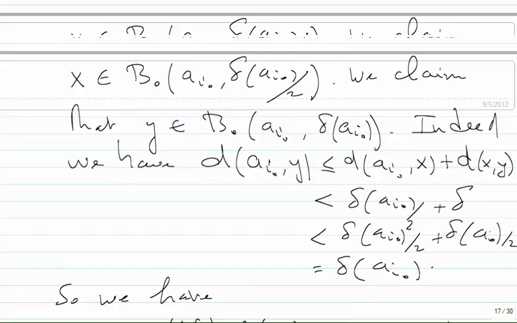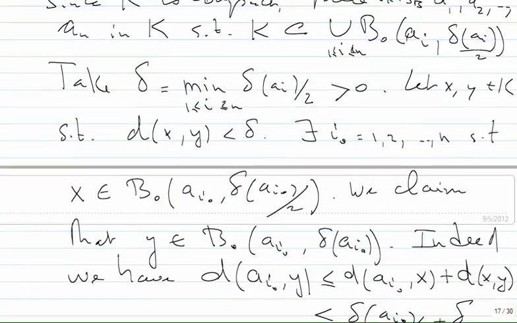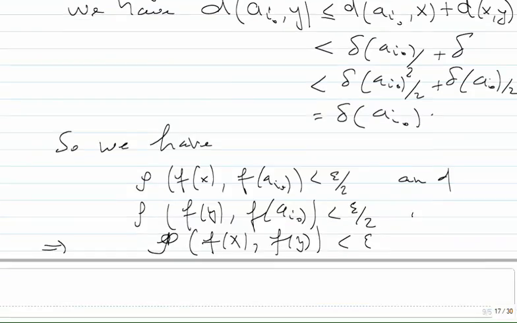The triangle inequality then implies that rho of f of x, f of y is less than epsilon over 2 plus epsilon over 2, which is epsilon. So again, as you see, we were able to find a delta here which is independent of the point. It only depends on epsilon and the function itself, such that every time x and y are close up to delta, then f of x and f of y are close up to epsilon.